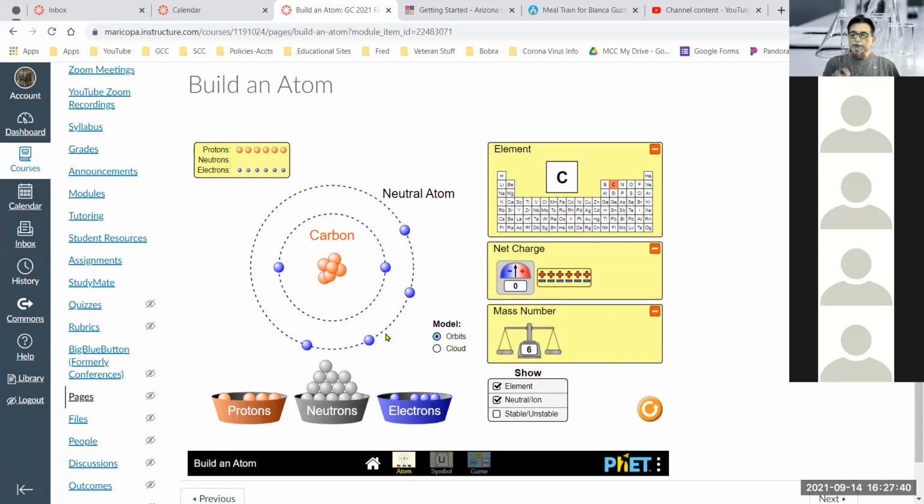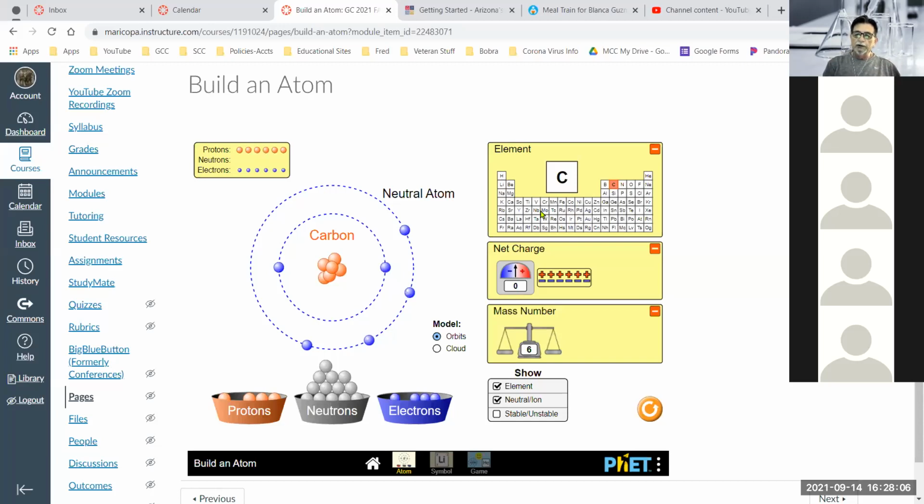The other aspect you can see, there's a total of 6 electrons. 2 of those electrons went into the innermost shell. The other 4, guess where they went? They went to the outermost shell. That outermost shell, and there's 7 of these shells, so we'll learn about that. But the one that contains the outermost electrons is called the valence electron.